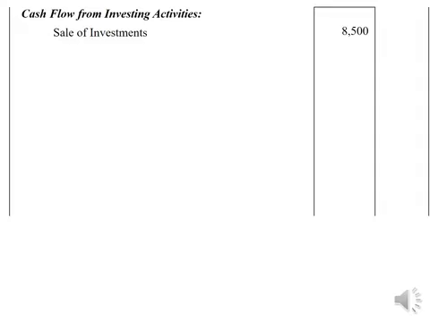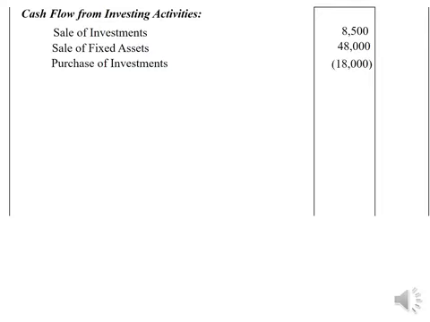Therefore, there is no need to separately mention profit on sale of investments. Next is sale of fixed assets. Similar treatment, 48,000. 8,000 need not be mentioned as profit. Then purchase of investments are there in the investment account, rupees 18,000 balancing figure. So adding these three items, we get 38,500 as net cash flow from investing activities.